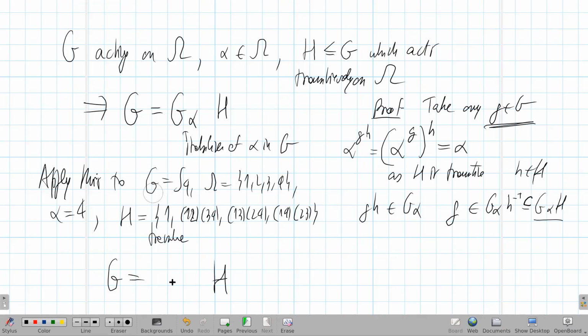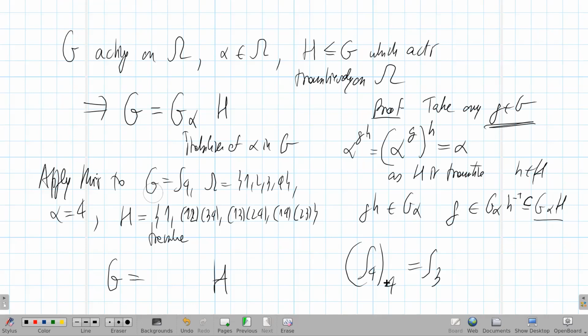What's the stabilizer? Well, the stabilizer of 4 in S4 is nothing else but S3, because it is given by all permutations in which 4 is fixed. Remember that if an element is fixed, we don't write it in a permutation.